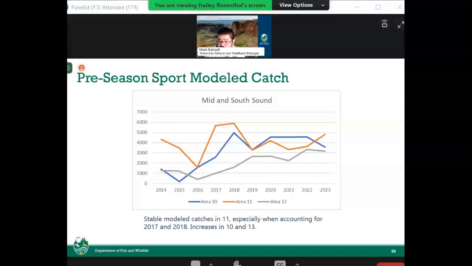So I think the take-home message there is that we've seen stable catches, and the notion that we're getting less fish in the recreational fishery is discounted a little bit as far as the preseason modeling. What we're really seeing is a redistribution of those catches from the past to more recent. Next slide, please.